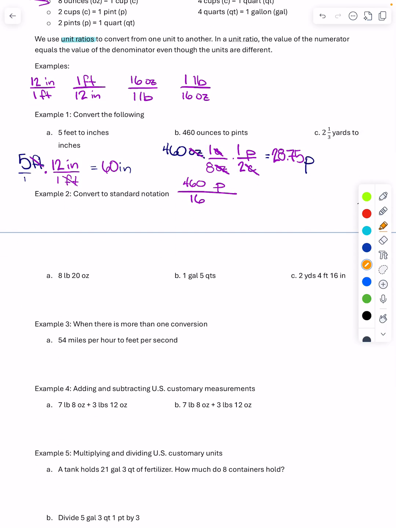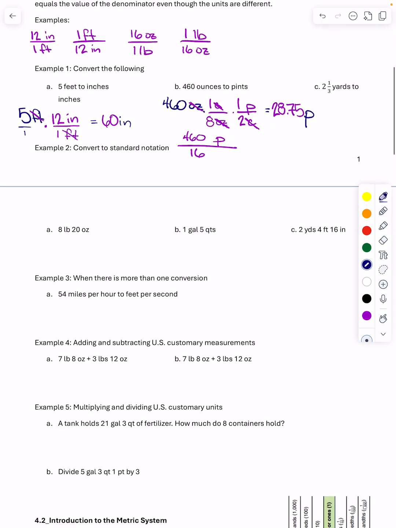I am going to start though by converting my 2 1/3 yards to a mixed number. So I've got 2 wholes of 3 parts each. That's 6 thirds plus 1 more third. That's 7/3 yards. And my yards goes in the numerator even though I have a fraction. I want yards to cancel, so my 1 yard goes in the denominator.